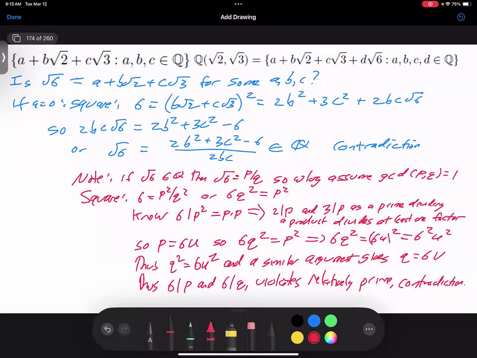But the question is, maybe there's a really clever way of writing the square root of 6 as maybe it's 17 minus 21 square root of 2 plus 3 square roots of 3. I'm just making up numbers. I have absolutely no idea, right? Maybe there's some way to do that. We just showed here that you can't do it if a, b, or c is 0. Okay, well, maybe all 3 of them have to be non-zero.